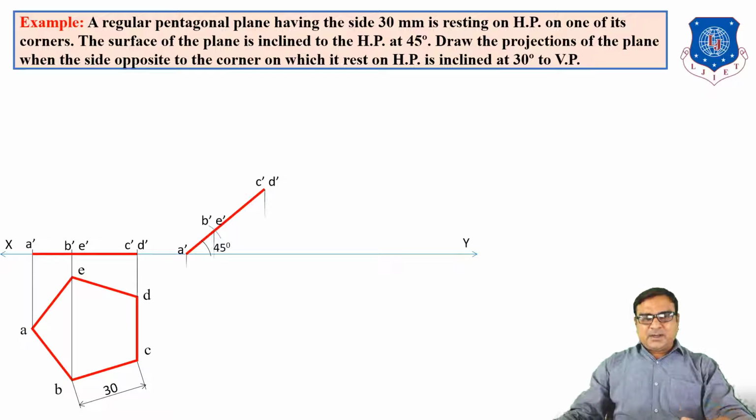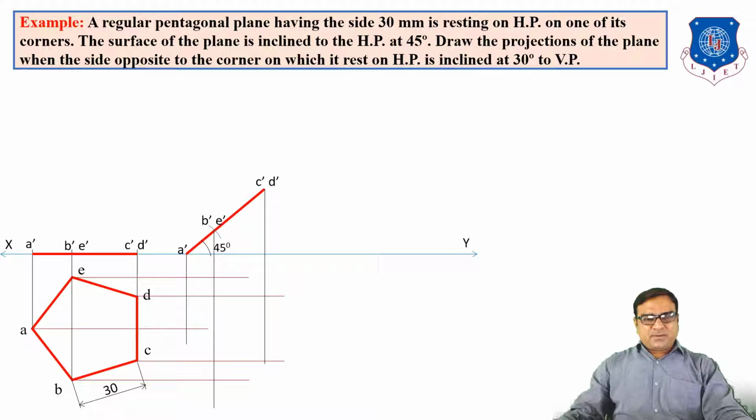By taking the vertical projection lines from the front view and horizontal lines from the top view, the intersection of all these lines, that means the vertical line from A dash and the horizontal line from A, you will get A. Similarly, from B dash vertical line and horizontal from B is small b, vertical from C dash D dash and horizontal from C and D, C is C and D is D, and last E. So join the points with straight lines, and you will get the top view.